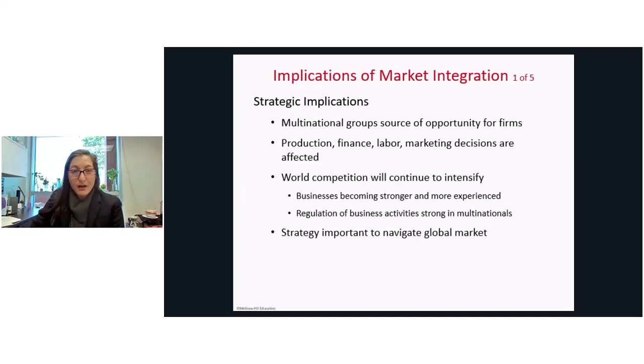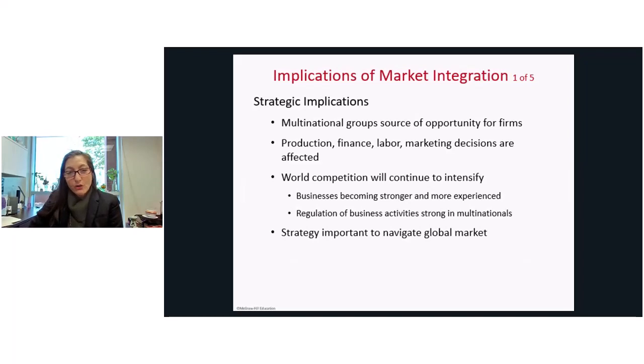All right, so what does all this mean for marketing? Well, multinational groups are a source of opportunities for organizations. And we're talking about production, finance, labor, and marketing decisions that are all affected by these market integrations.